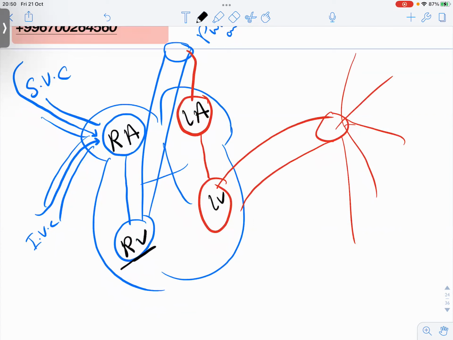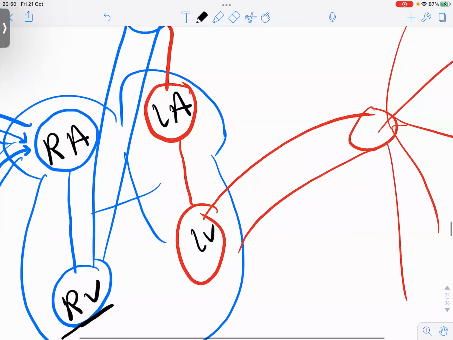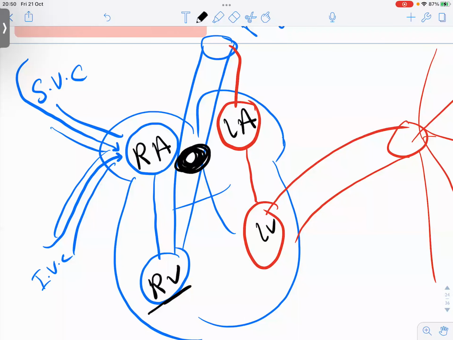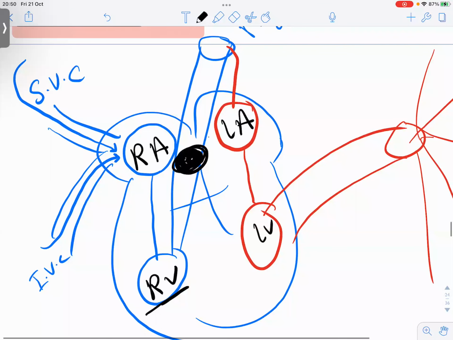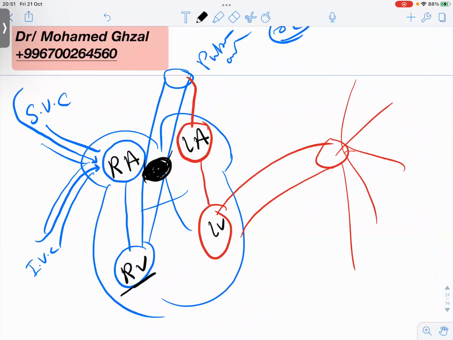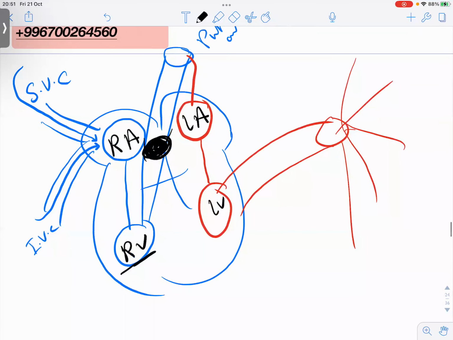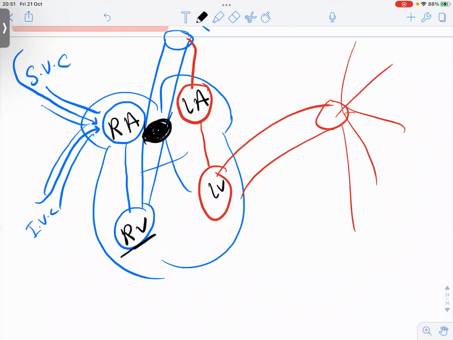In some diseases, there can be increased resistance against the blood. For example, if a person gets pulmonary stenosis, something closes the way in front of the right ventricle. So what's going to happen to the right ventricle?